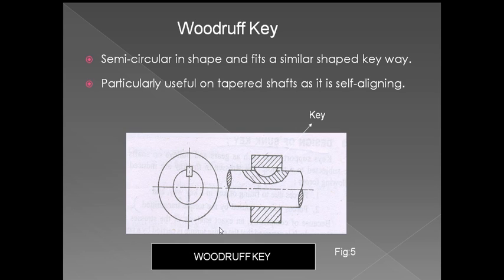It is fitted in a similarly shaped keyway in the shaft. The keyway is made with the same cutter as the key. It is particularly useful on tapered shafts as it is self-aligning.